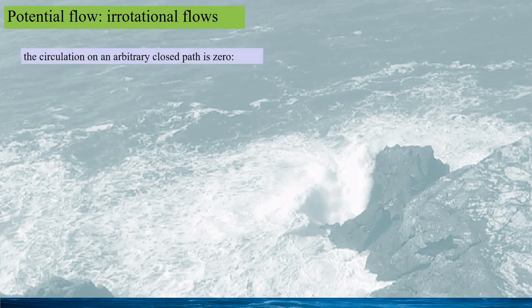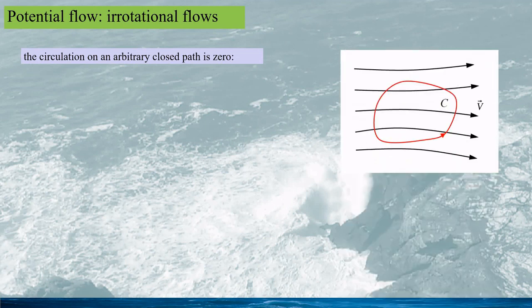Then what is an irrotational flow? The definition of an irrotational flow is that the circulation of the fluid velocity vector on an arbitrary closed curve is 0. The curve C here, and then the circulation gamma is given by this. If the circulation gamma is 0, that means the flow is irrotational.